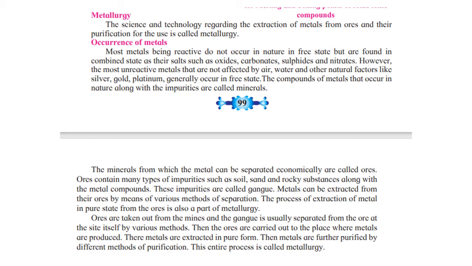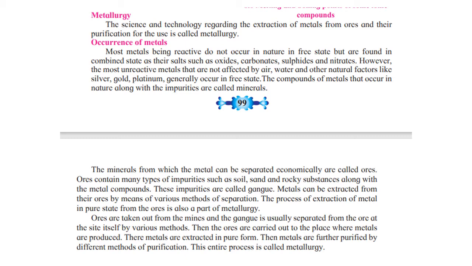Metals can be extracted from their ores by the methods of separation. The process of extraction of metal in the pure state from the ore is also a part of metallurgy. Ores are taken out from the mines and the gangue is usually separated from the ore at the site itself by various methods.